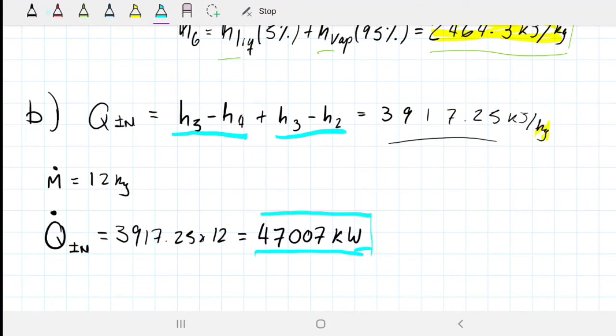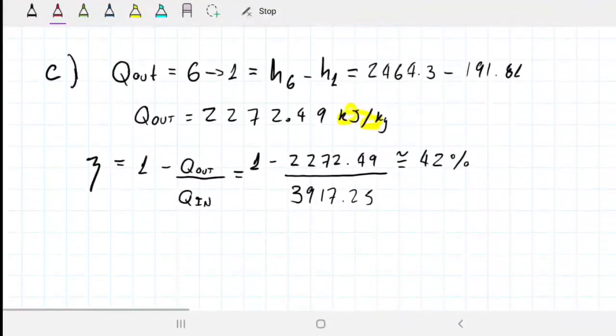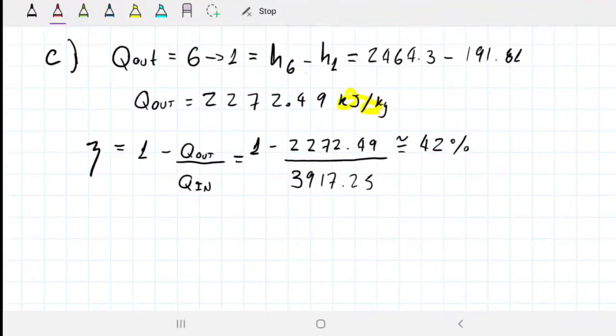And then again, we have two options to find the thermal efficiency: we can either find Q out or we can find the work. But since we need Q out to find the work, it's probably easier to just find Q out. So my Q out is from 6 to 1, so 6 minus 1, so 2,200 kilojoules per kilogram.